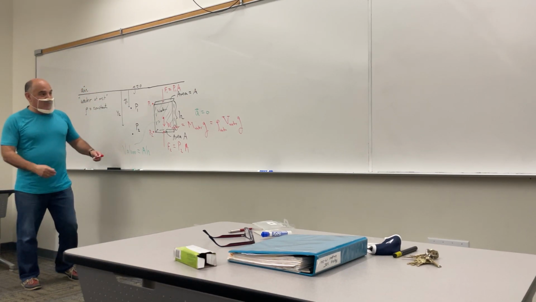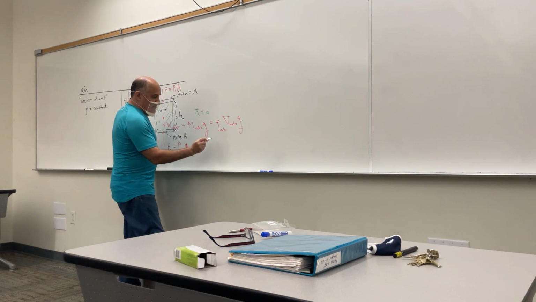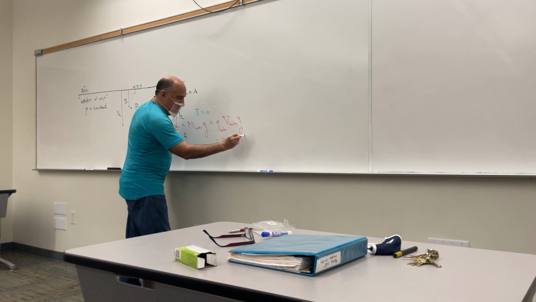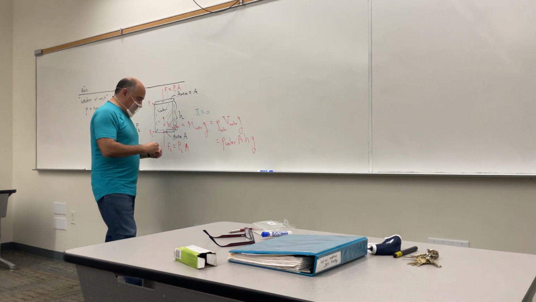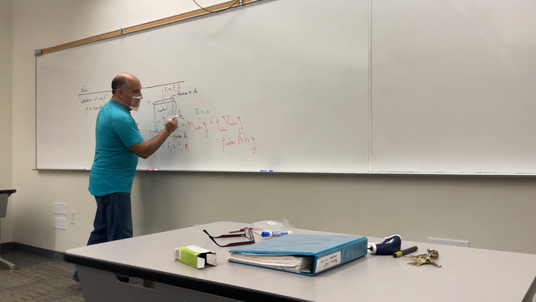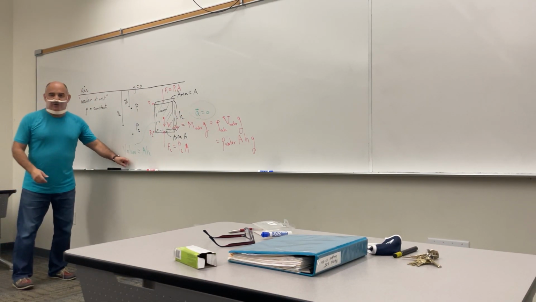So I can write this as the density of the water times the area of the base times the height times g.